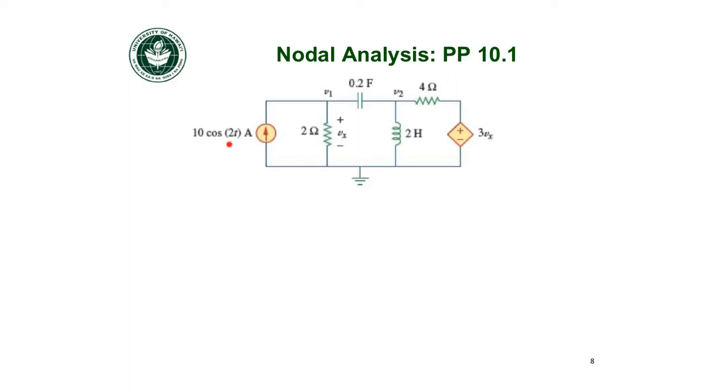It's a time-dependent sinusoidal current source. Okay, so how can we solve this circuit? So the first step is going to be convert all of the relevant components in this circuit to their phasor representation.